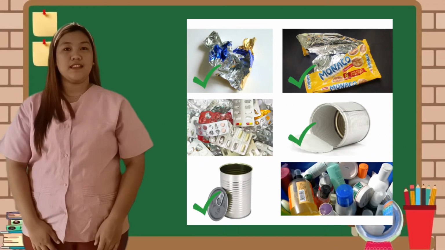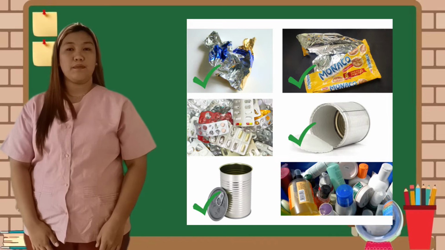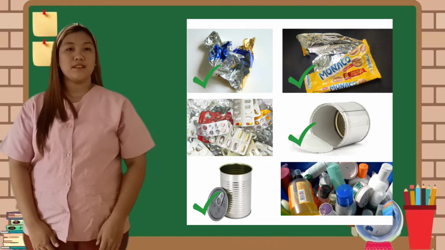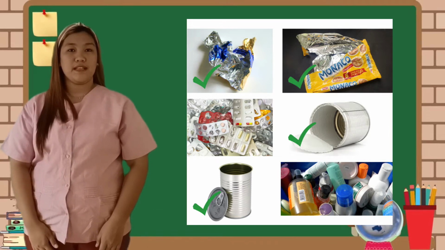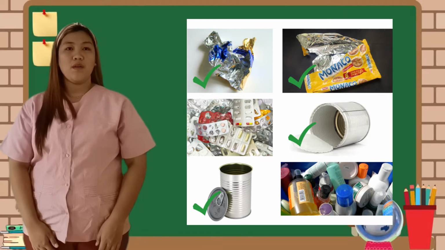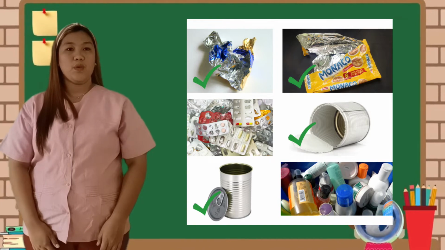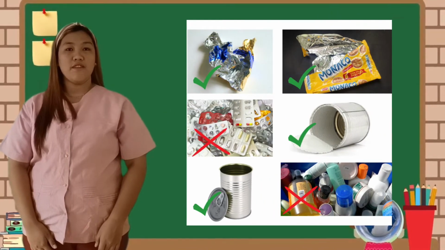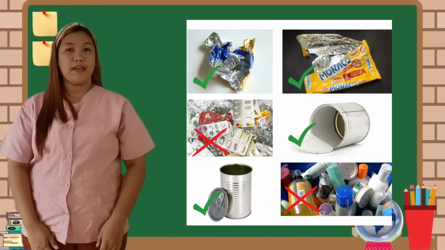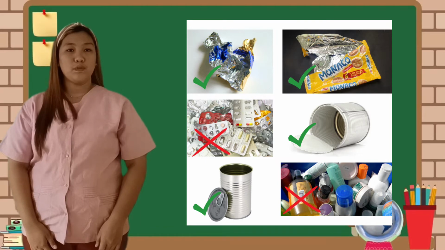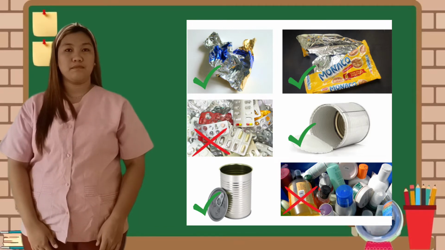Correct. The materials that are still useful to us are empty packages of candies, biscuits, empty cans of milk, and sardines. How about the materials that are harmful to us? Okay, the materials that are harmful to us are empty packages of medicine, empty bottle tubes of shampoos, and conditioner.